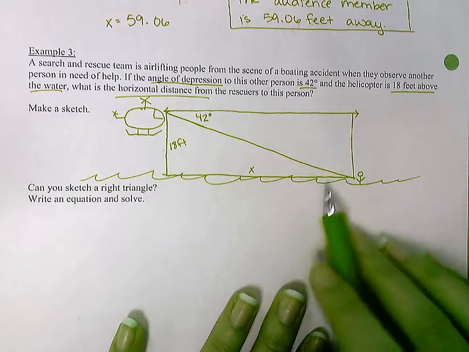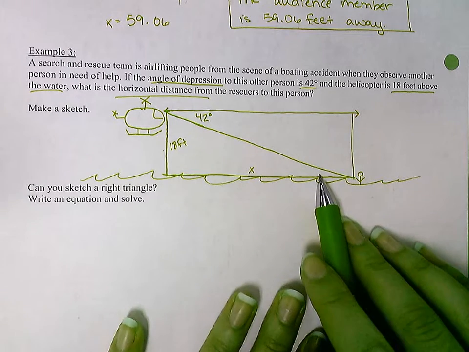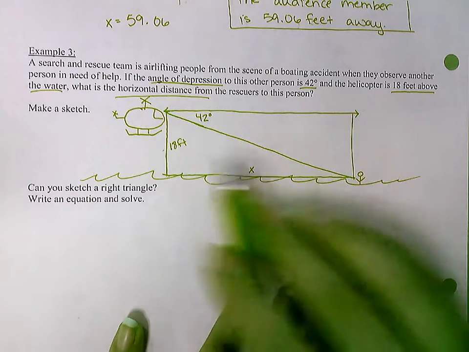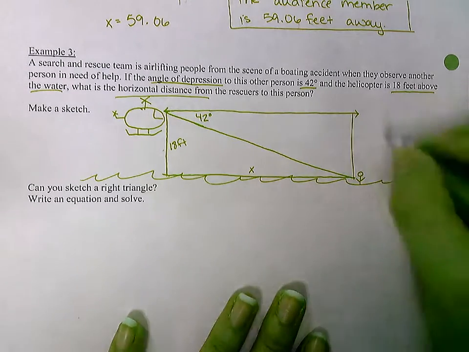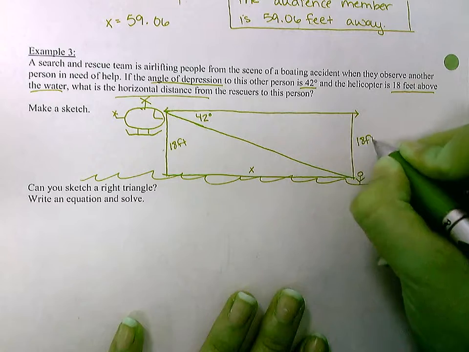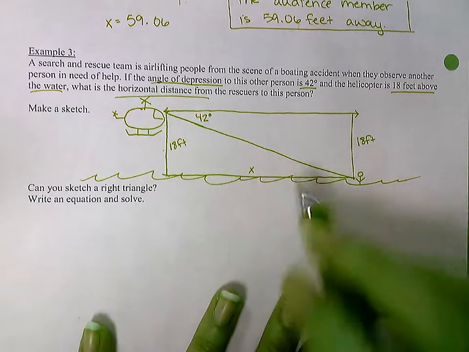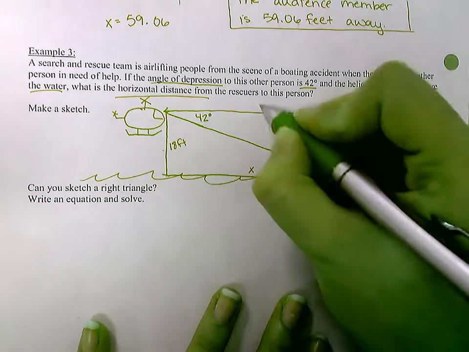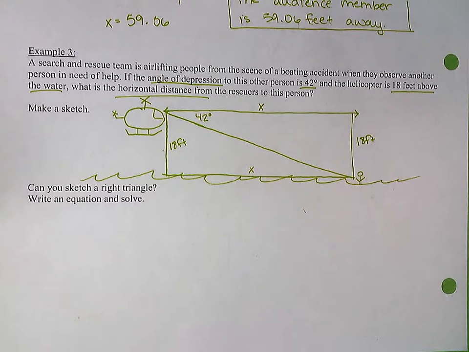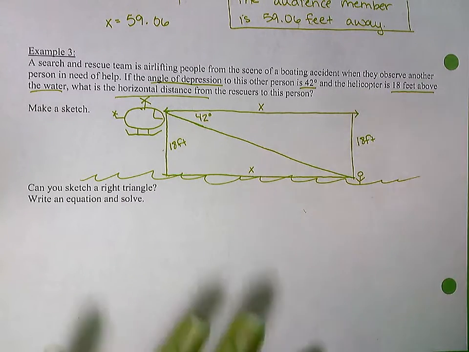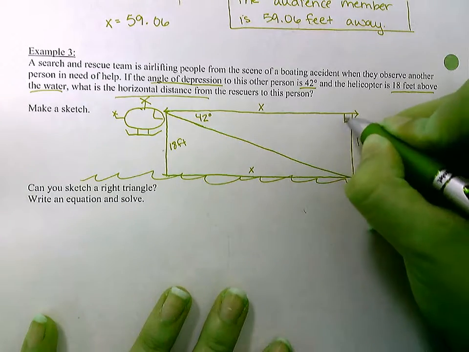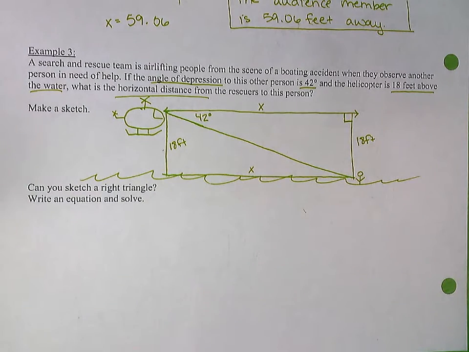So this angle is the same as this angle. Otherwise, this side is the same as this side. And this x is the same as this horizontal distance. And I can make that right triangle there.